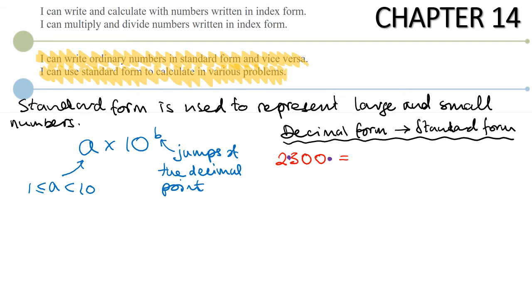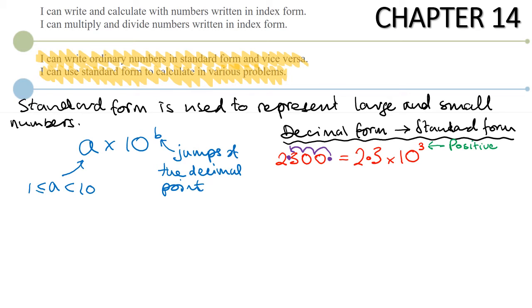So it needs to move to here, and I'll achieve that by moving it 3 jumps that way. In standard form, that would be 2.3, which is now a number between 1 and 10. This is always here, times 10 to the power of, and then the power is the number of jumps, and it was 3 jumps. For any large number, the number of jumps will be a positive number, so it's not -3 for this. For any small number, and we'll do one in a moment, the number of jumps will be a negative number when we put that in.